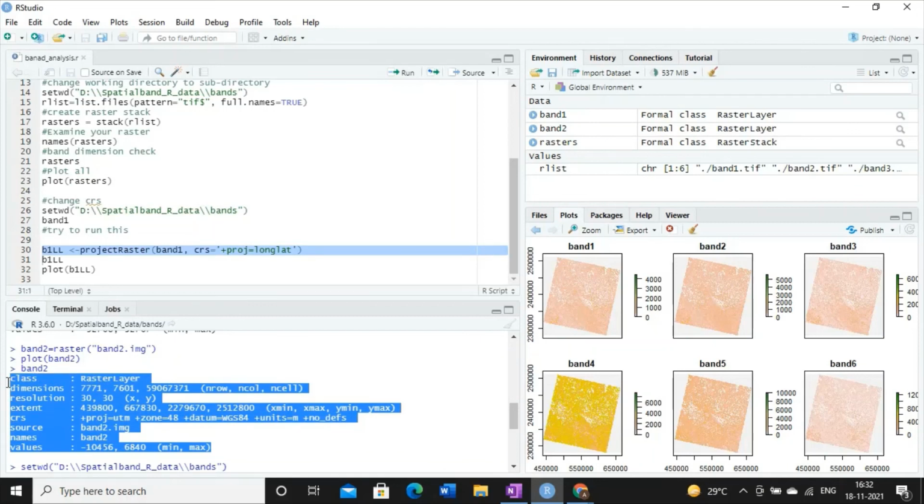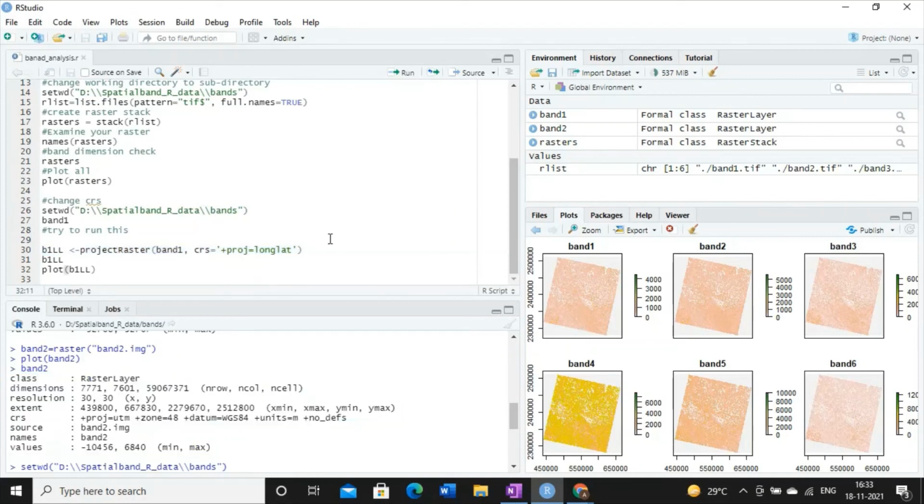Whatever band information is there for each and every band, luckily in our case they are on the same scale. But in research it may happen that you are acquiring bands from different sources and the information that each band has is not the same. At that point you have to convert them so that they are on the same scale and you can use them for further research.